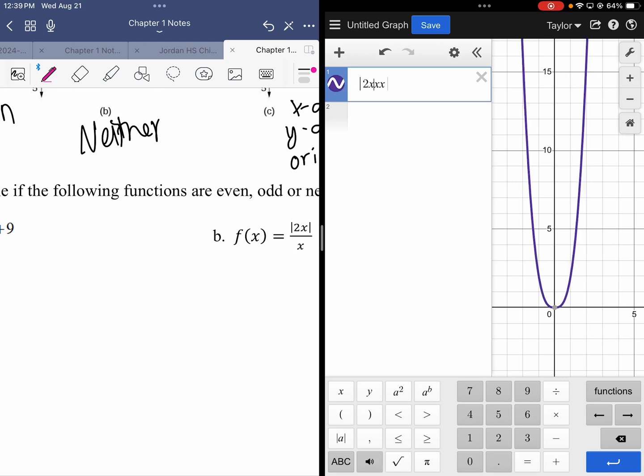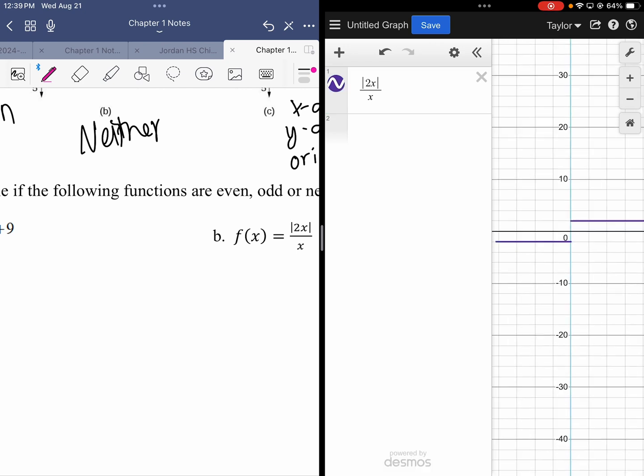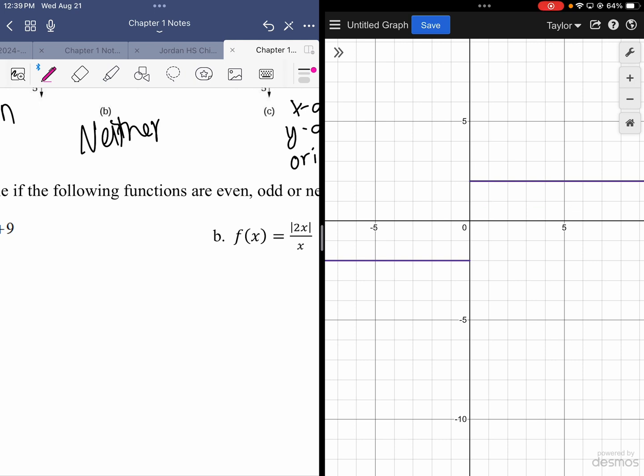Okay, so this is what that graph looks like. Makes me uncomfortable too, don't worry, guys.